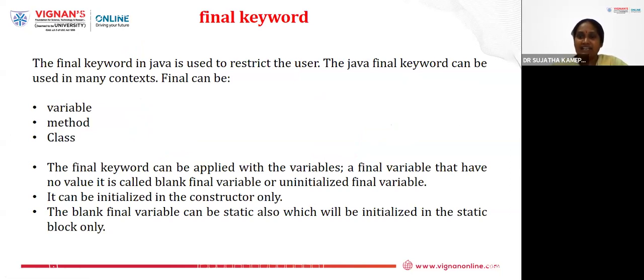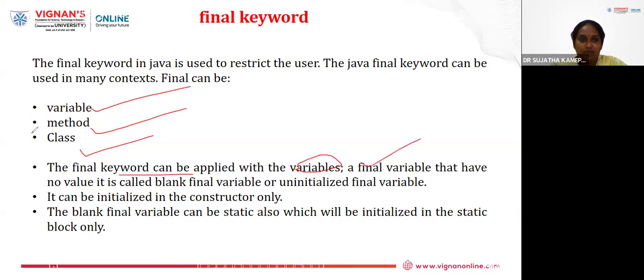Next, the final keyword. The final keyword is used to restrict the user, right? It can be used with a variable, with a method, or with a class. If I use the final keyword with a variable, its value cannot be changed. It becomes a constant, right?